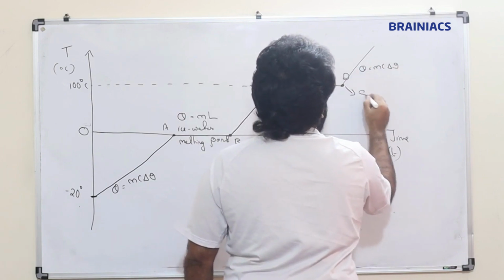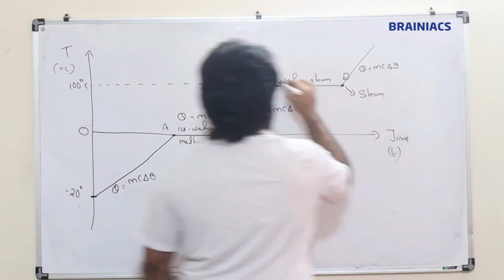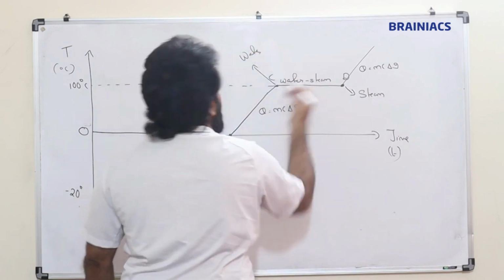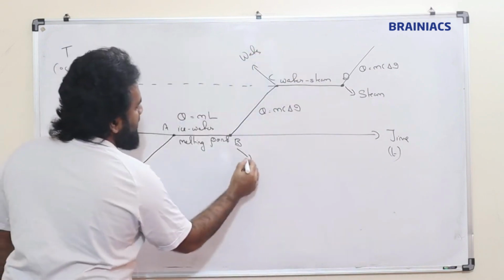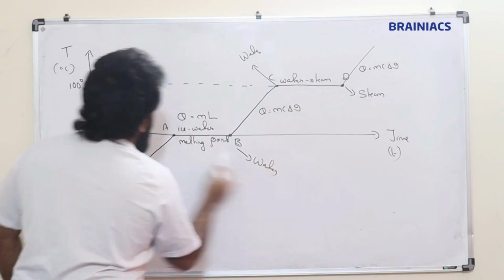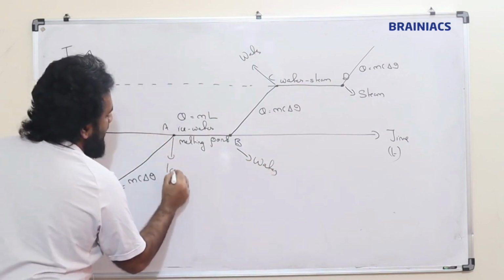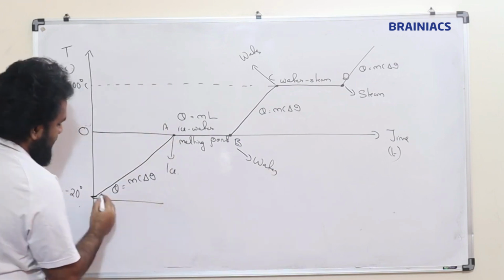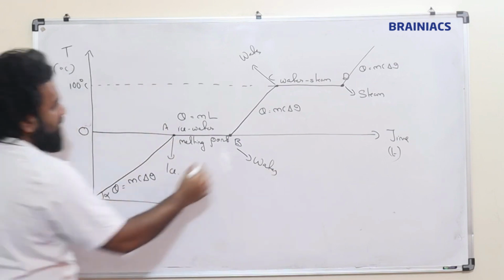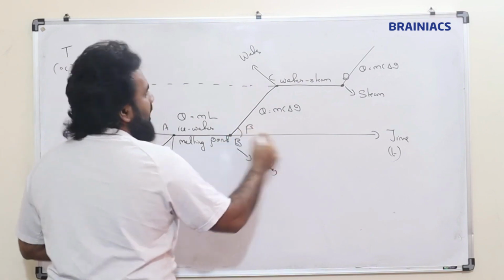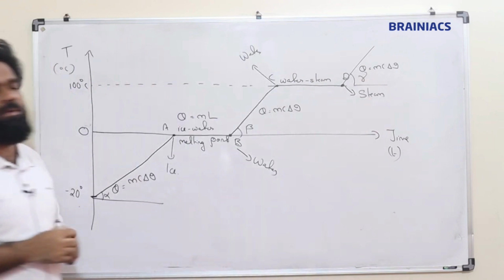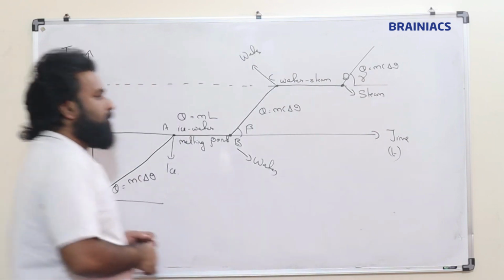So here this is going to be steam. At C, this is going to be water. Here water-steam mix. At A, this is going to be ice. Clear? So let us take these as alpha, beta, gamma. Let them be slopes. Note it down.